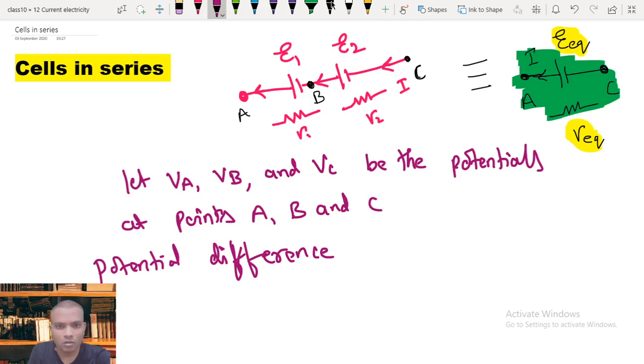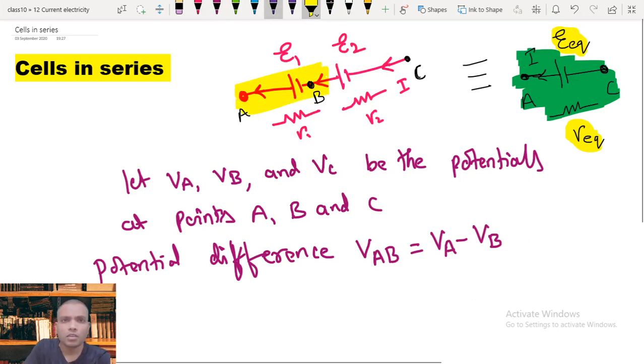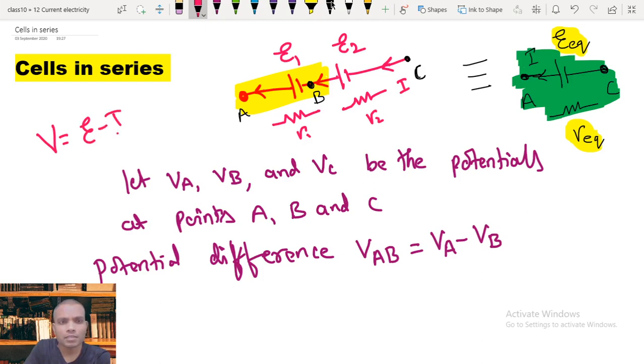I would like to find it for two points, first the potential difference V_AB. The potential difference is the potential at A minus the potential at B. This is the potential difference for the first cell only. Remember the formula for the terminal potential difference of a cell: V equals EMF minus I times R. For the first cell this gives E1 minus I times R1.